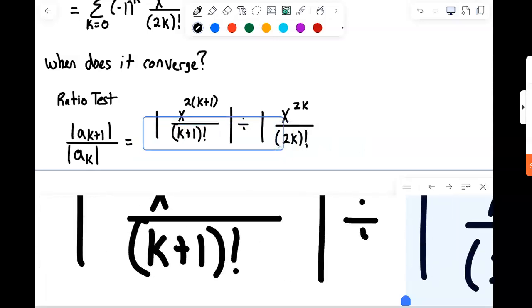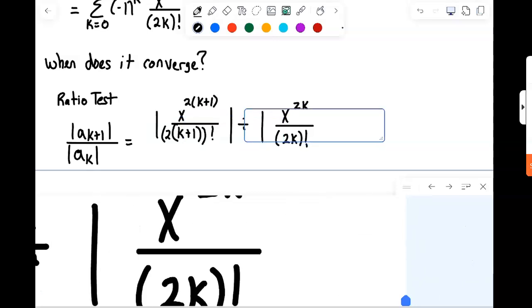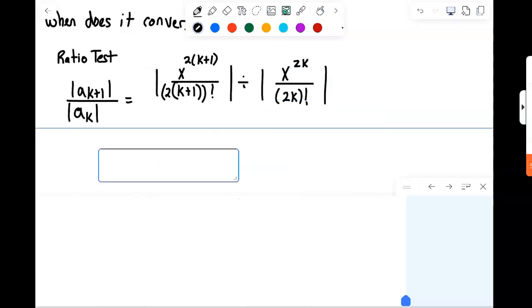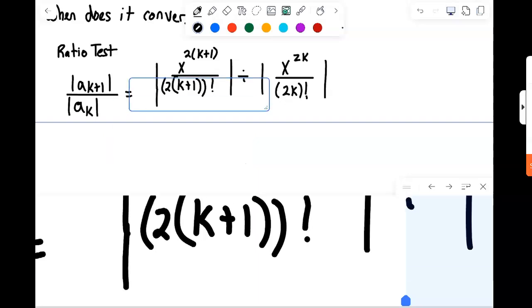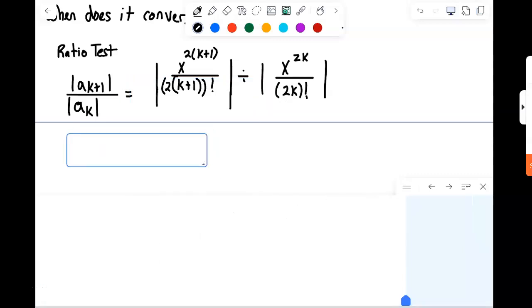So this actually should be 2 times k plus 1 factorial. Okay. And then close my other absolute value bar over here. And then we just got to clean this up. So remember, when we divide stuff, we multiply by its reciprocal.